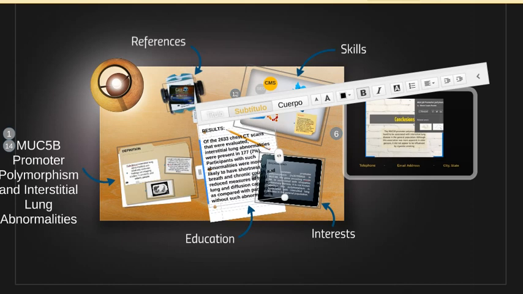Participants with such abnormalities were more likely to have shortness of breath and chronic cough and reduced measures of total lung capacity and diffusion as compared with those without such abnormalities.